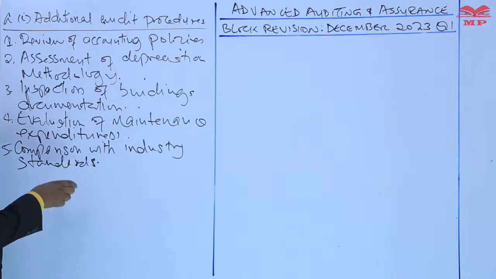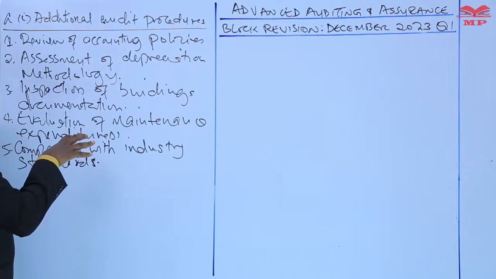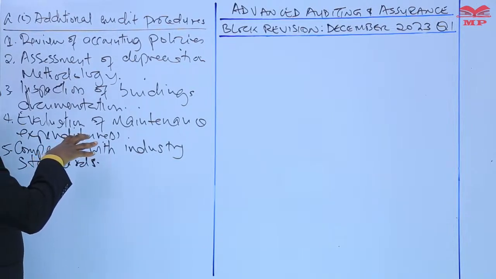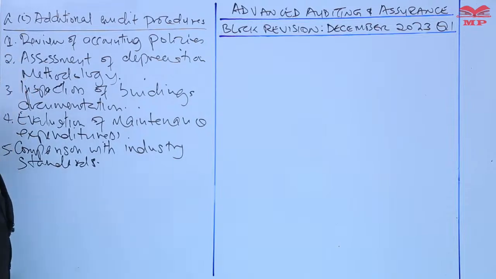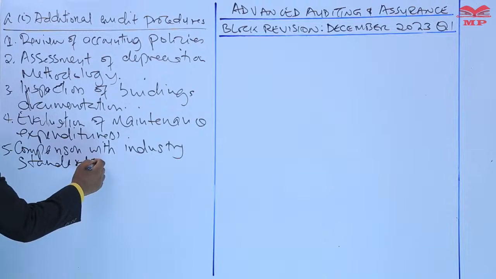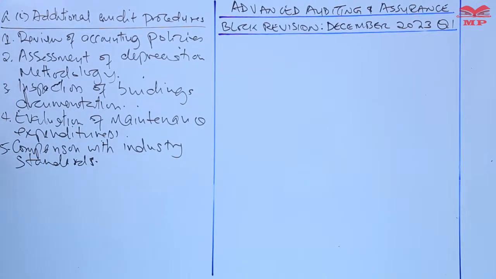So the auditor should compare the rates, should compare the various factors in relation to buildings compared to what happens in the industry. So comparison with industry standards. So this is an additional audit procedure.